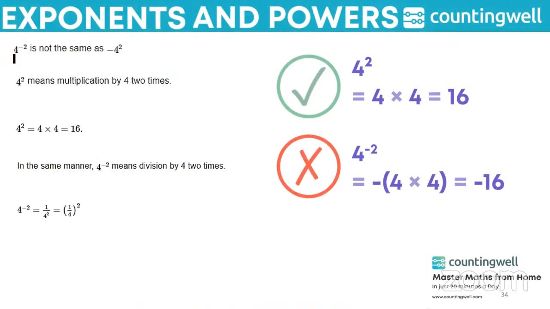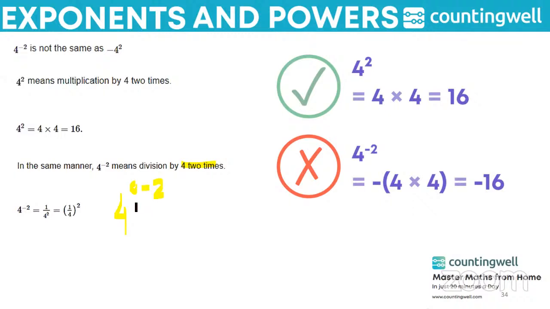Also, 4 to the power minus 2 is not the same as minus 4 to the power 2. Here the 4 square term means multiplication by 4 two times. In the same manner, 4 raised to minus 2 means division by 4 two times. So the quotient here is minus 2. We know minus 2 is nothing but 0 minus 2.